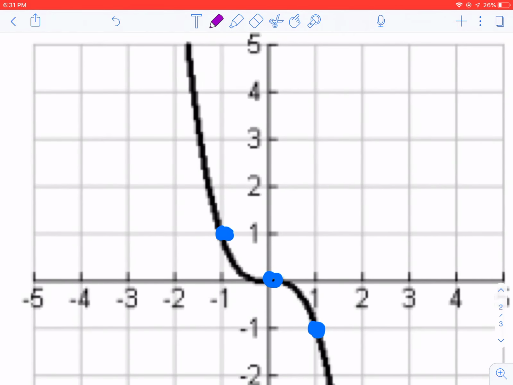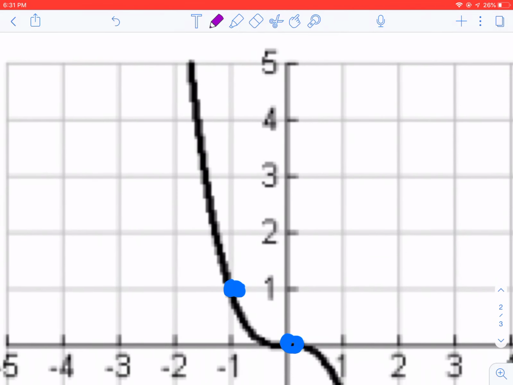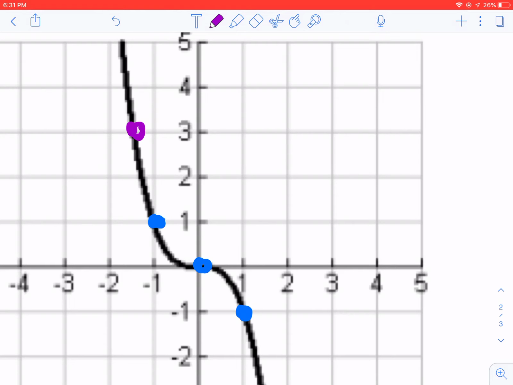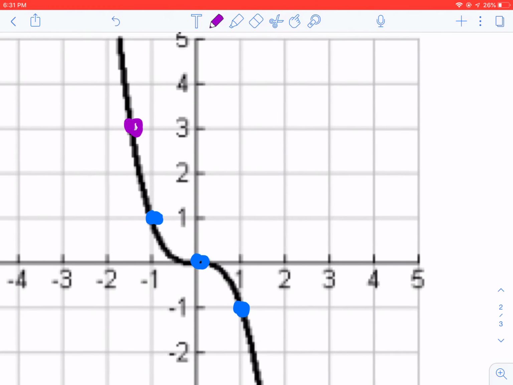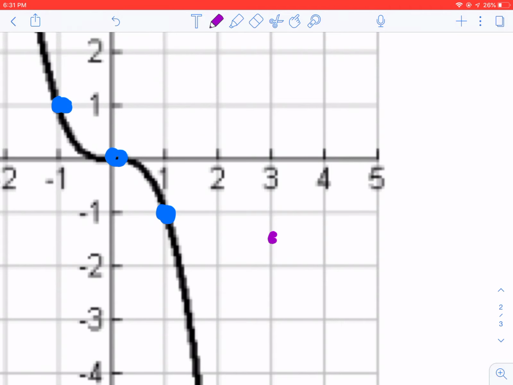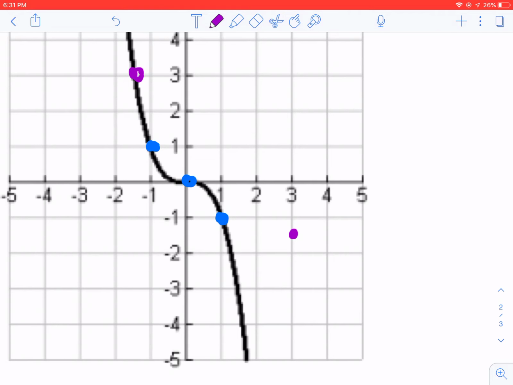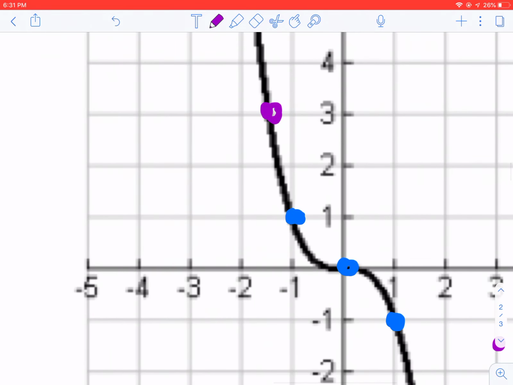Let's take this point, for example. This looks like negative 1.5 comma 3. That's going to become 3 comma negative 1.5. That's going to become that point. And 1.5 comma negative 3 will become negative 3 comma 1.5. That's going to become this point.